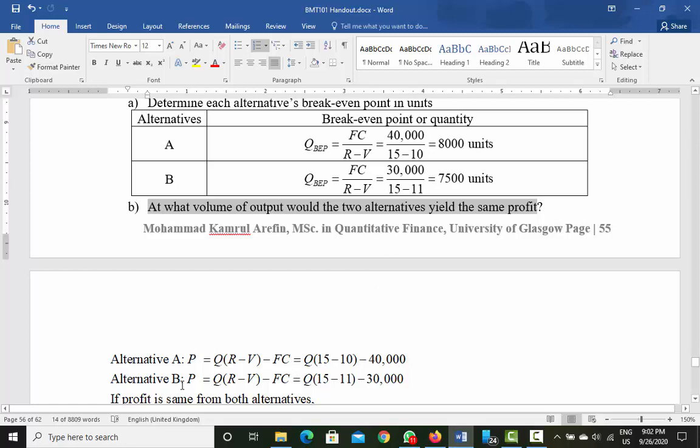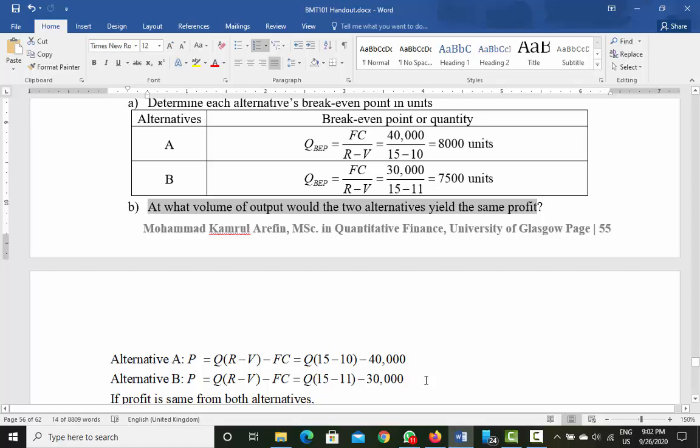For alternative B, the formula is the same. We don't know Q, but revenue is $15 per unit and variable cost is $11 per unit, so 15 minus 11, minus fixed cost of $30,000.